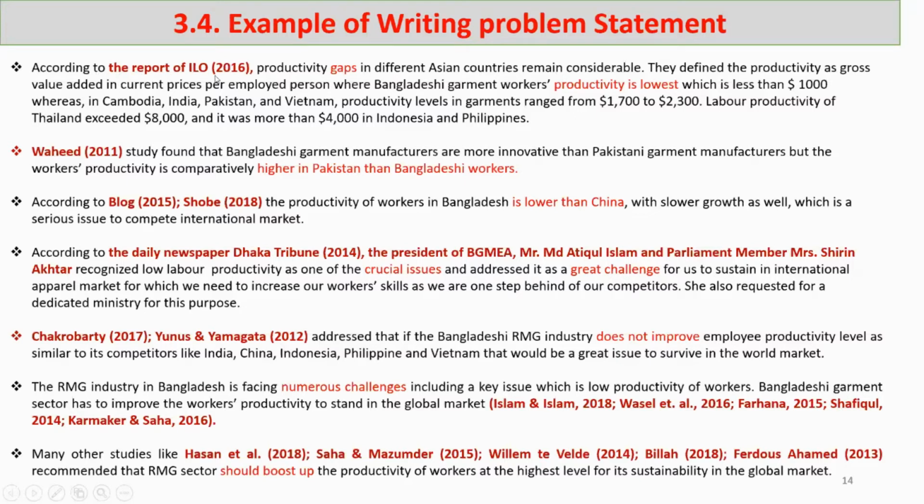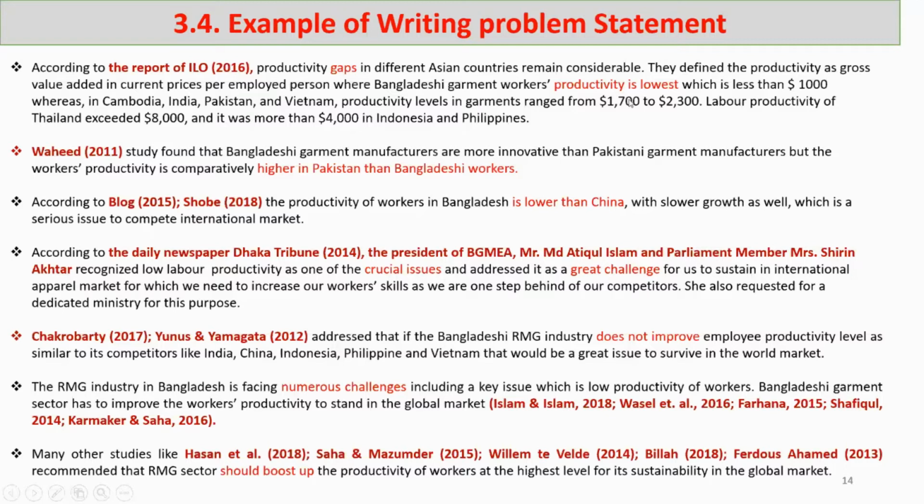According to the report of ILO 2016, productivity gaps in different Asian countries remain considerable. They define productivity as gross value added in current prices per employed person, where Bangladeshi garment workers' productivity is lowest, less than $1,000, whereas in Cambodia, India, Pakistan, Vietnam, productivity levels in garments ranged from 1,700 to 2,300.